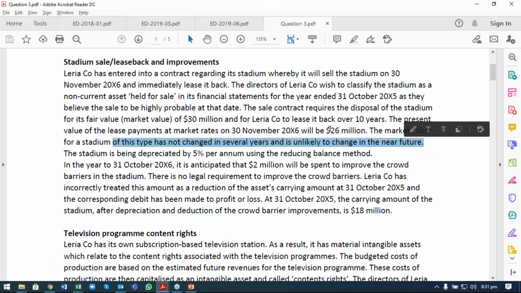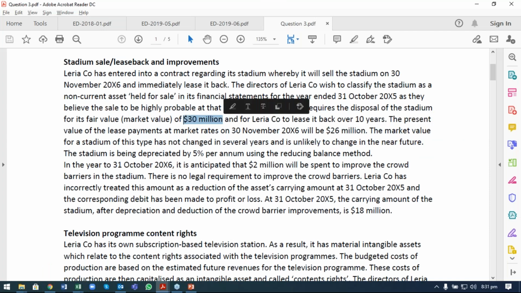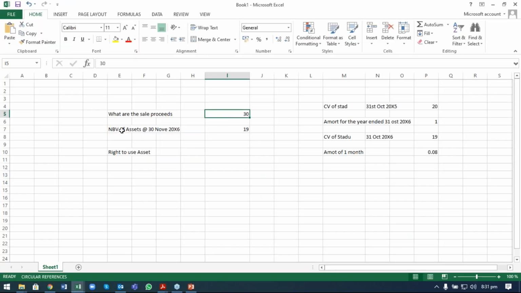You are paying back 26 million out of this 30 million. So how much of this carrying value are you retaining? You need to find out the percentage: 26 million divided by this 30 million. This is the percentage of the asset's value you will be retaining.